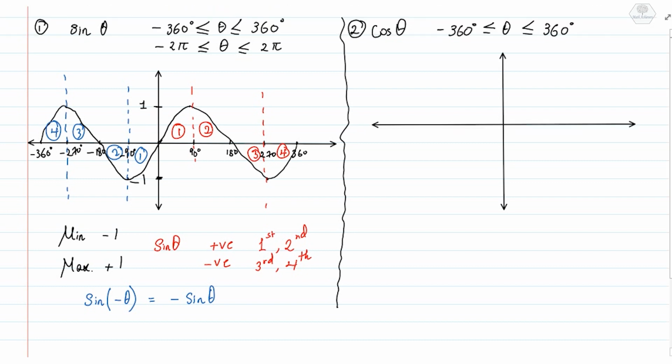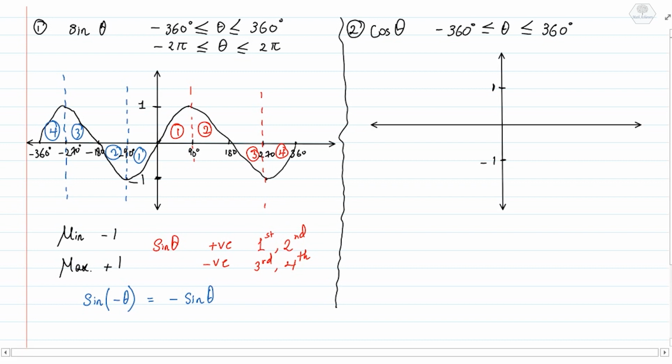Now, for the cosine, we have a positive 1 as the maximum value, and negative 1 as the minimum value. Let's extend this line.